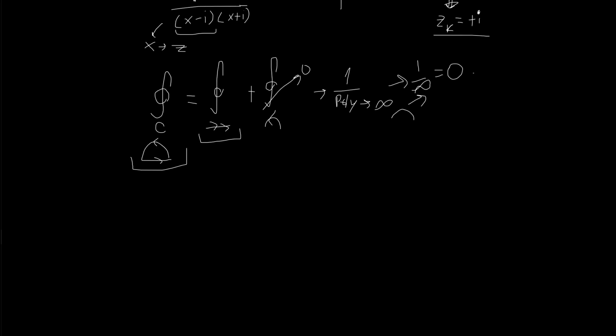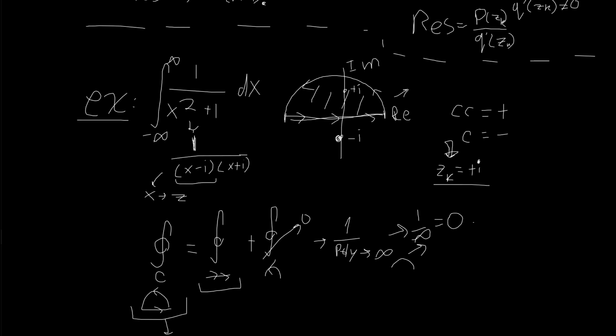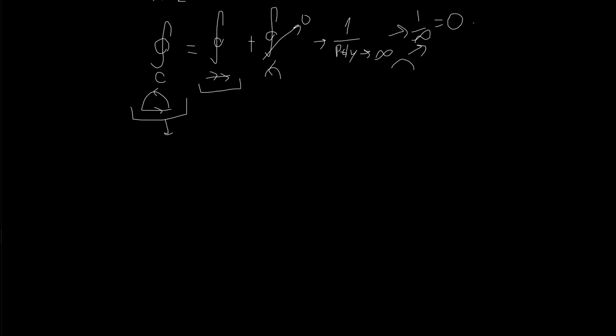Okay, so if that's the case, and we know the entire thing only encompasses the pole at positive i, we can solve by using the residue theorem. So that's going to be 2 pi i times the residue at positive i.